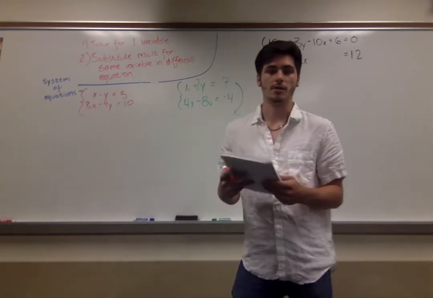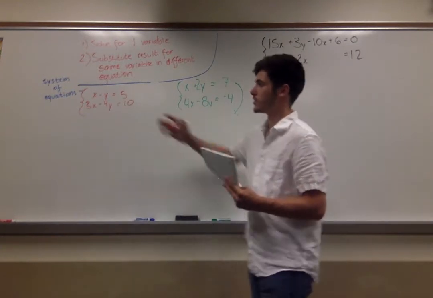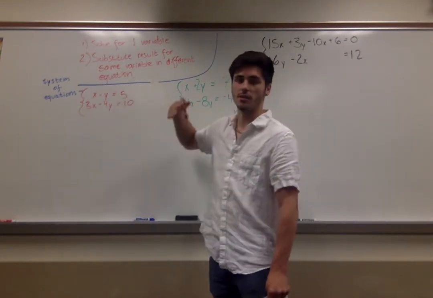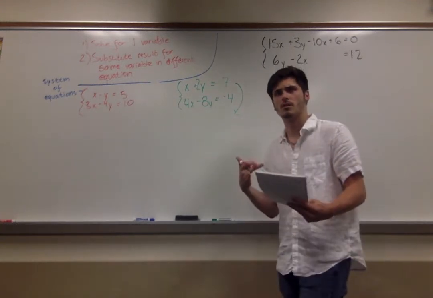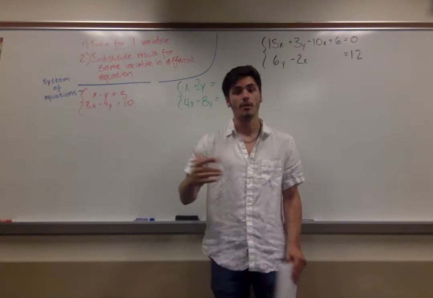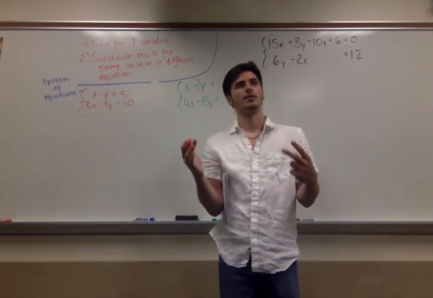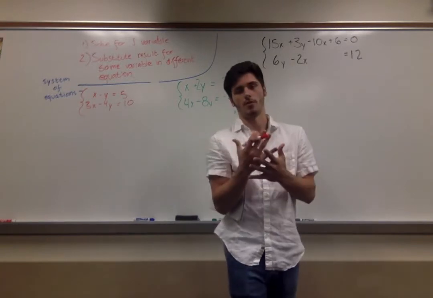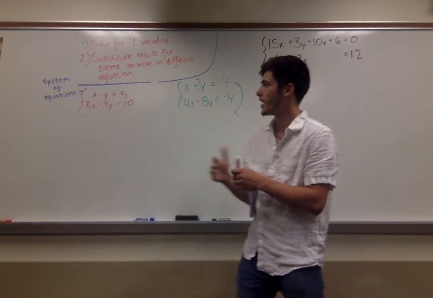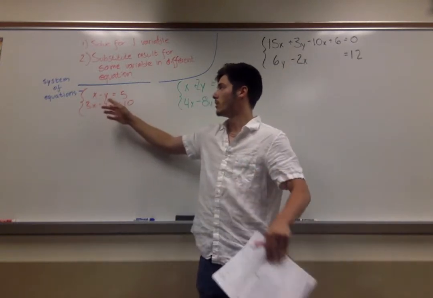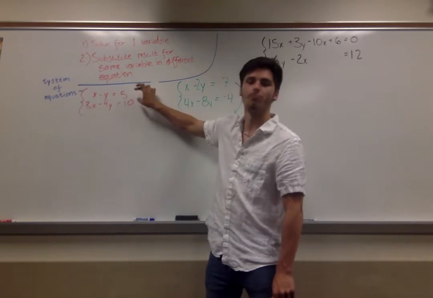Substitution is going to be one of the simplest ways to solve a system of equations. So here's a system of equations. It's two equations, like I said, that are related. Whether you want to think of that as being in the same situation, being on the same graph, just two things that exist together. And the answer is going to be both an x and a y value that solve both of the equations, right?